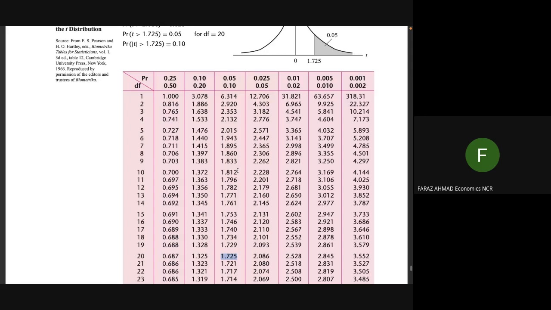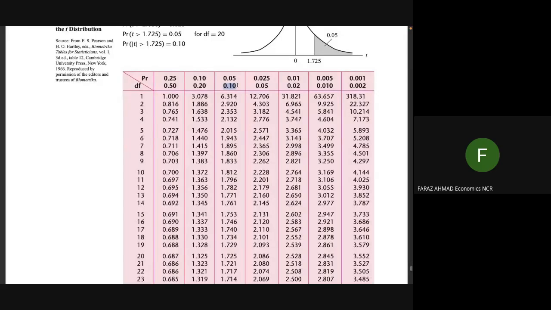Why is it so? Because if you see only a right tail or a left tail, one tail, this value would give a 5% area in the tail. And if you look at two tails, then this value would give a 10% area in the tail, right?